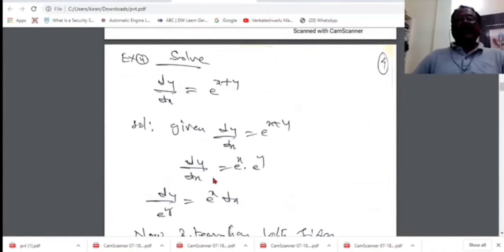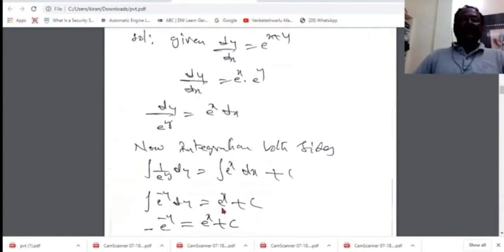Now dy by dx is equal to e power x into e power y. So here variables are x and y. So separating x terms and y terms, dy by e power y is equal to e power x into dx.